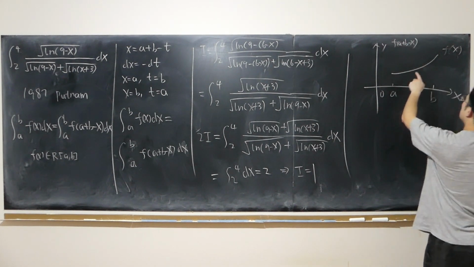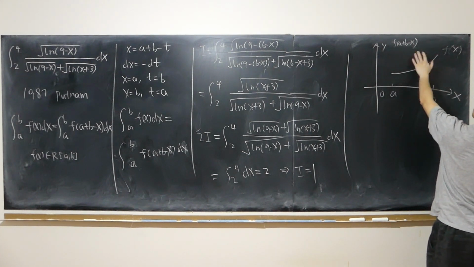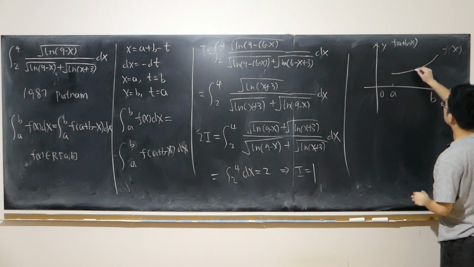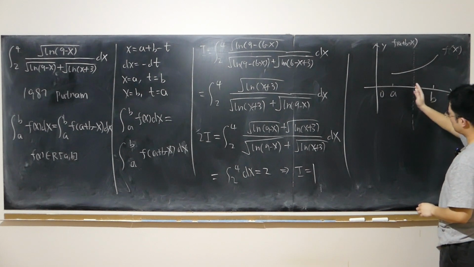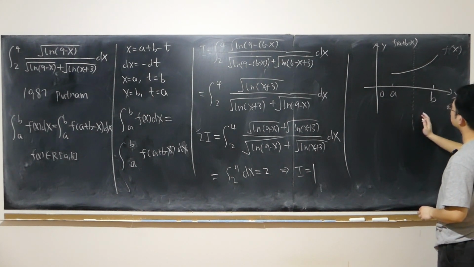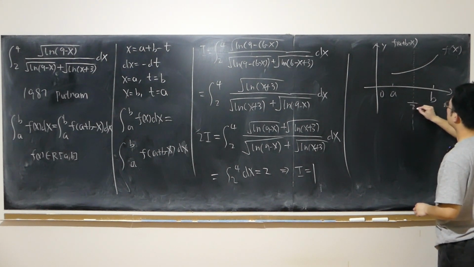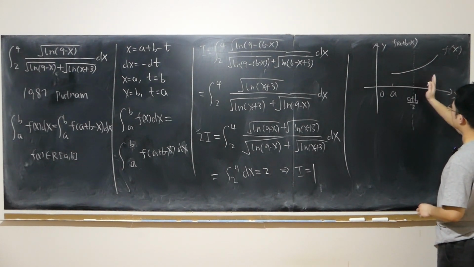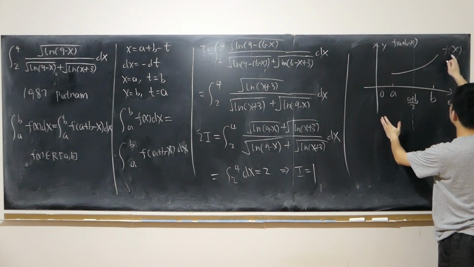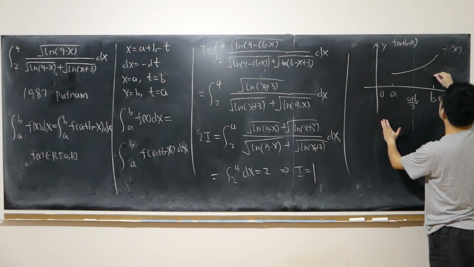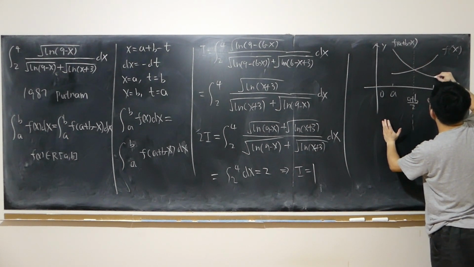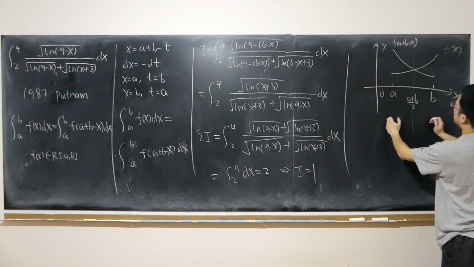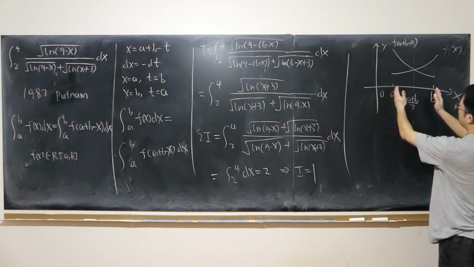It's not hard for us to prove that these two graphs are exactly symmetrical according to this vertical line, half of a plus b. In other words, if the graph of f looks like this, then the graph of this will look like that. Symmetrical. But of course, their integrals from a to b should be exactly the same.